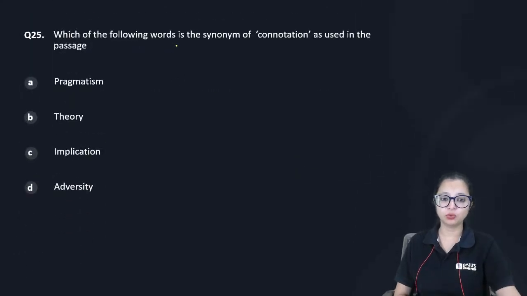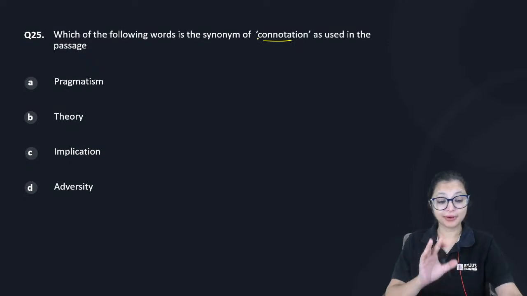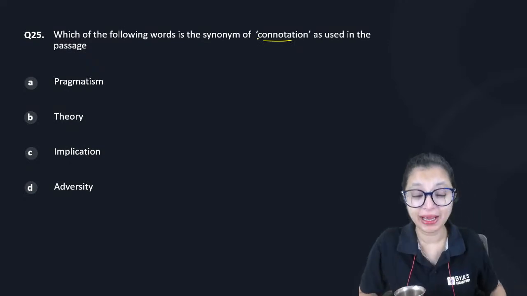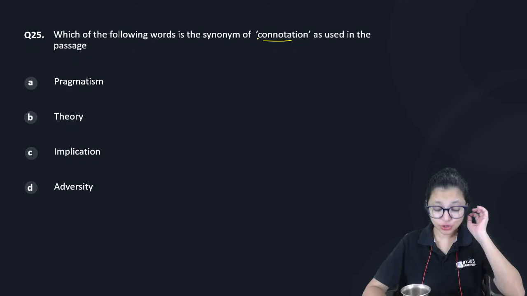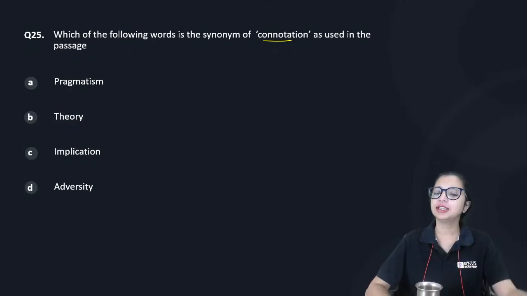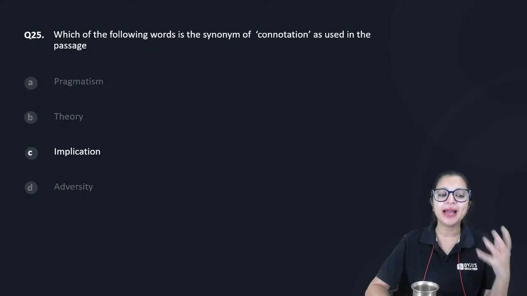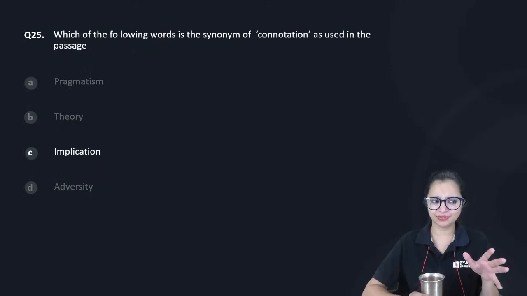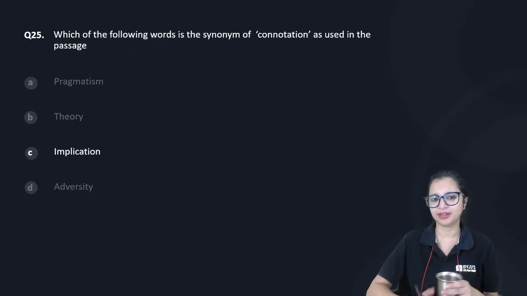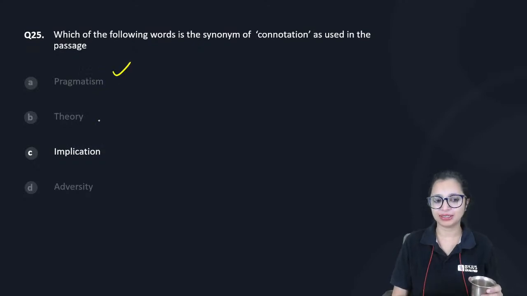25. Which of the following words is the synonym of the word connotation? If you come to my classes, I use the word connotation so frequently. What is the connotation of this word? Is it positive or negative? I use this sentence so much. Connotation means implication. What is its implied meaning? Is it a negative implied meaning or a positive implied meaning? Pragmatism is being practical.